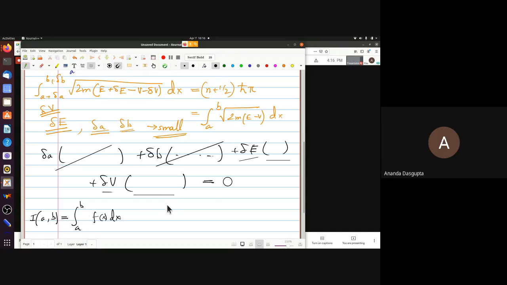So if you are going to just vary, let's say, I just vary B and nothing else, then delta I will be what? Delta B into how much? Can anybody tell me that? If I'm going to just change B and nothing else, then the first order variation in the integral will be the change in the limit delta B times what?